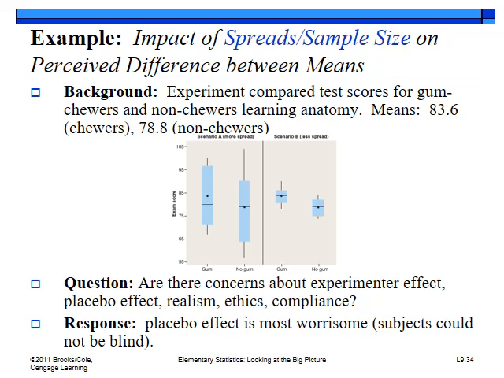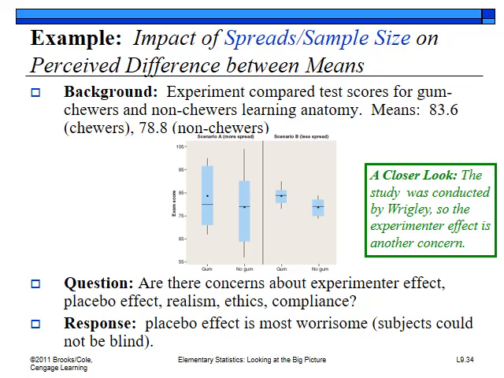Remember, there's no way to make this blind to the subjects. If I also told you, and this is true, this study was done by Wrigley Chewing Gum, I think you might also worry a little bit about the experimenter effect, since Wrigley would benefit if it could be conclusively shown that chewing gum did in fact aid studying.